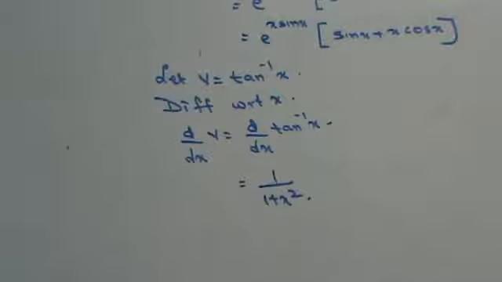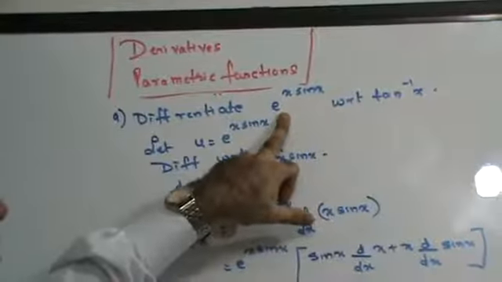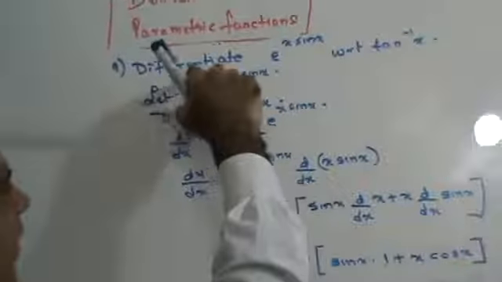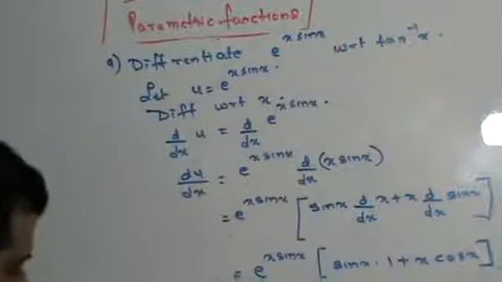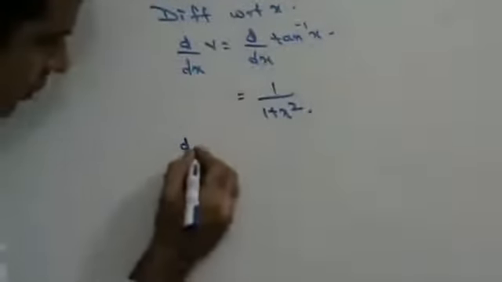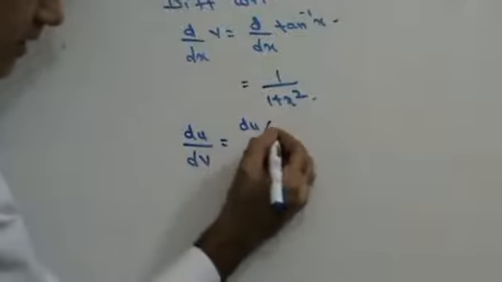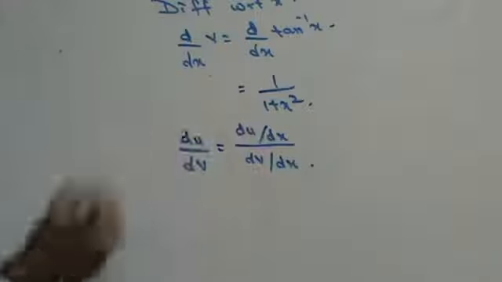But let us look at the sum again, guys. It says that differentiate e raised to x sin x with respect to tan inverse of x. That means I have to differentiate u with respect to v. So du by dv can be written as du by dx upon dv by dx, right?